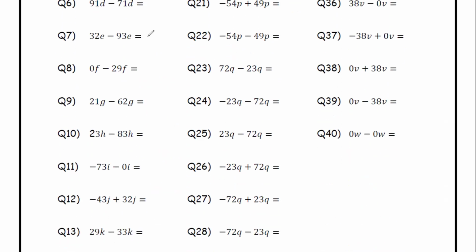Okay, so we have 1 and 661, that's negative E. That's negative 29F. That's negative 41G. That's negative 60H. That is negative 73I.